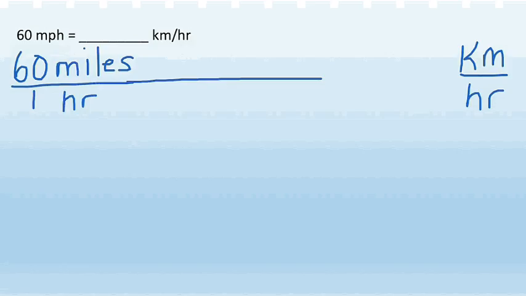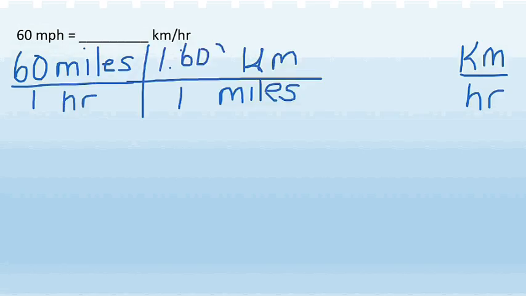All right, so let's go. We would look at what we know for our conversion factors. So I know I want to get rid of miles. I want to get to kilometers. And if you remember, 1 mile is 1.609 kilometers. Okay. So I'm going to make sure my miles cancel out on the top and the bottom.